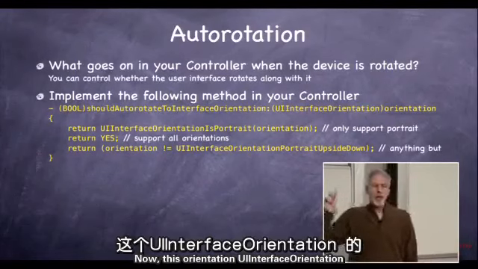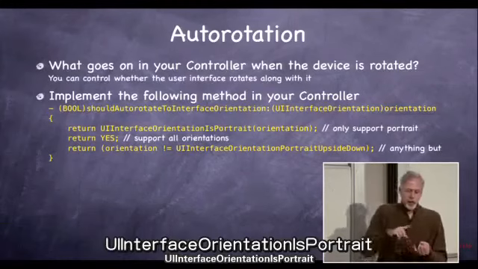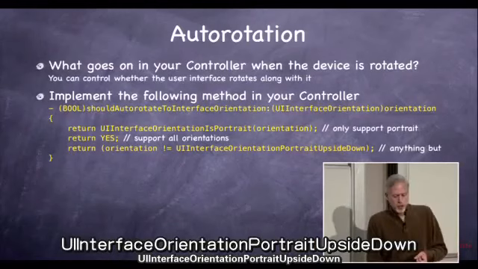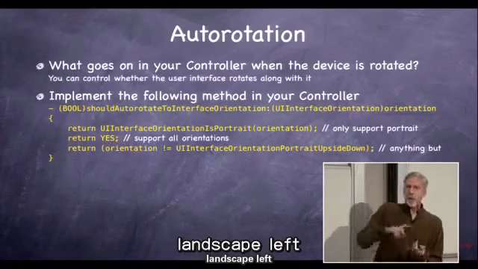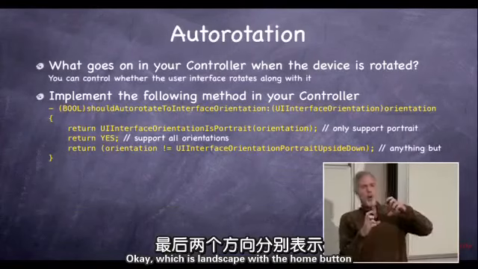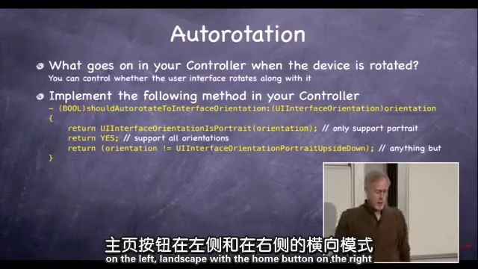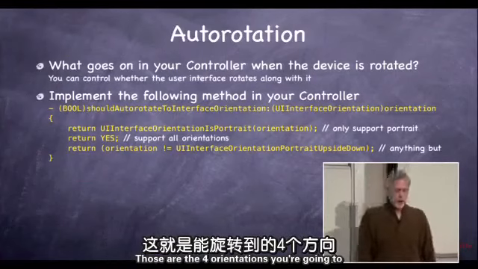Now, this orientation, UIInterfaceOrientation, is either UIInterfaceOrientationPortrait, PortraitUpsideDown, LandscapeLeft, or LandscapeRight, which is landscape with the home button on the left, landscape with the home button on the right. Those are the four orientations you can go into.